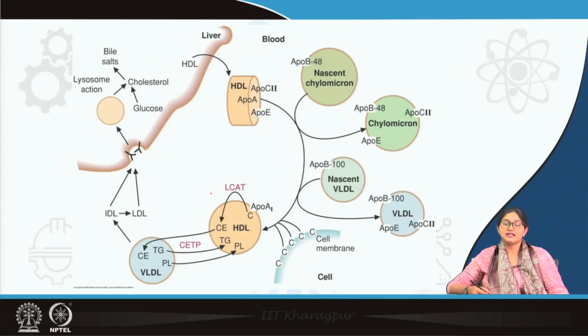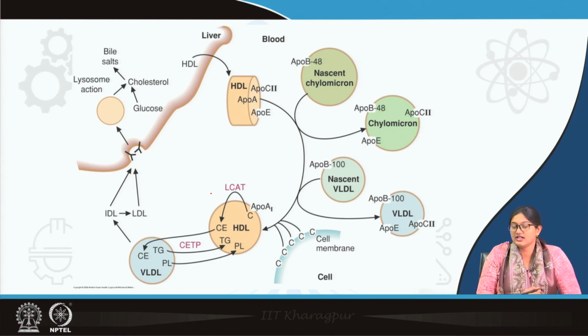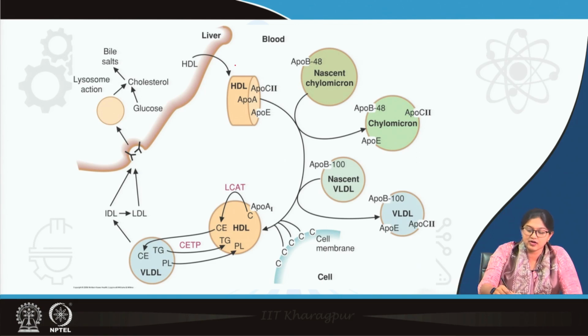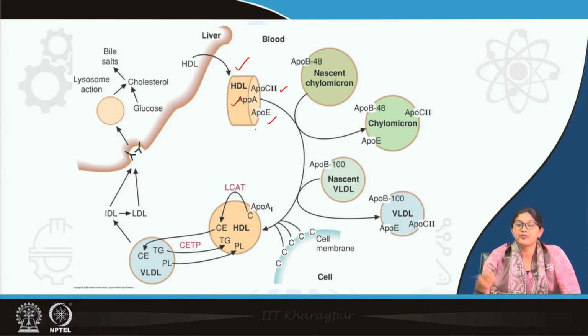So you can see this is how the HDL functions. HDL is synthesized from the liver containing ApoC2 and ApoE, and these apoproteins are donated for maturation of nascent chylomicron and nascent VLDL. Then it also takes up cholesterol from the peripheral extrahepatic tissues.